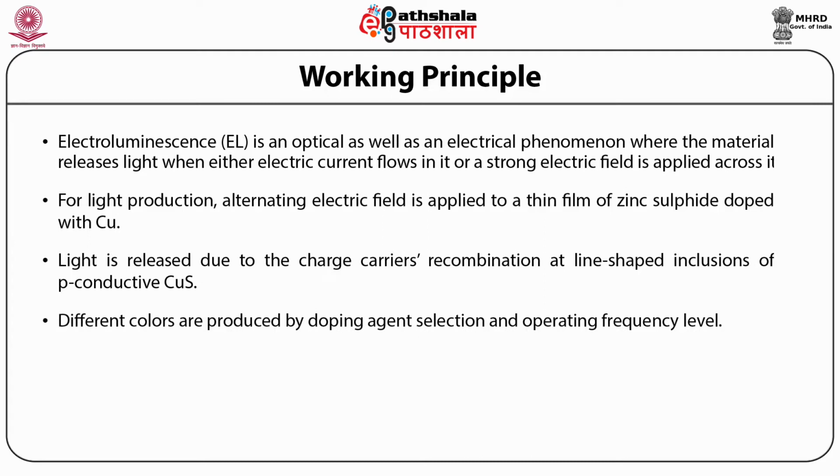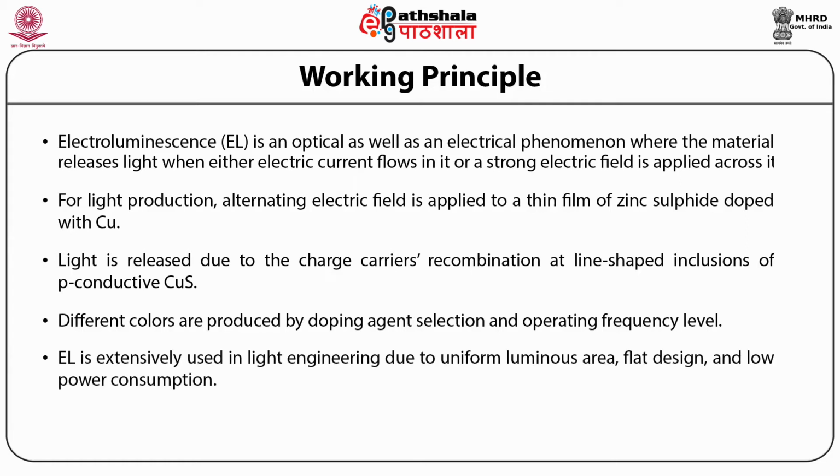Different colors are produced by doping agent selection and operating frequency level. Electroluminescence is extensively used in light engineering due to uniform luminous area, flat design, and low power consumption.